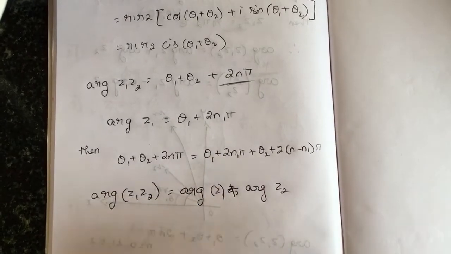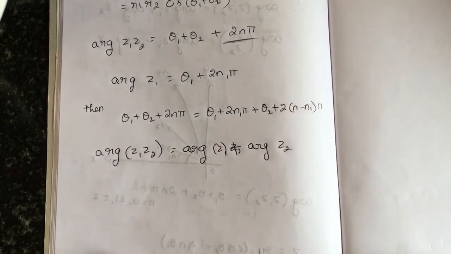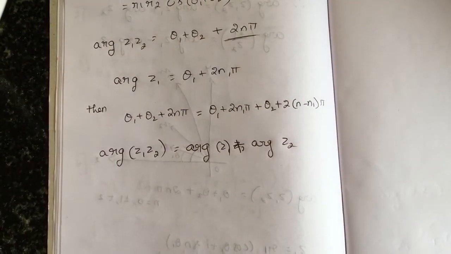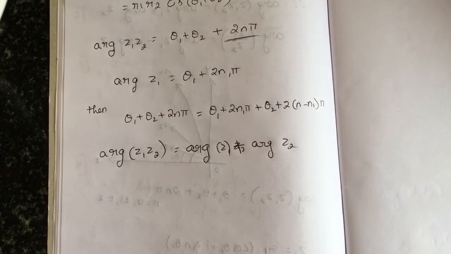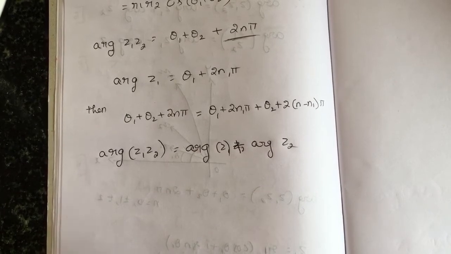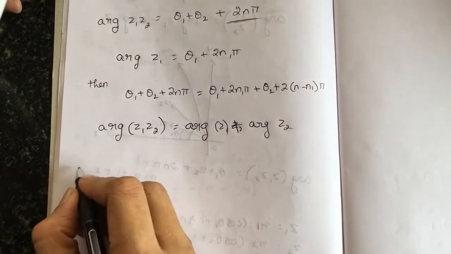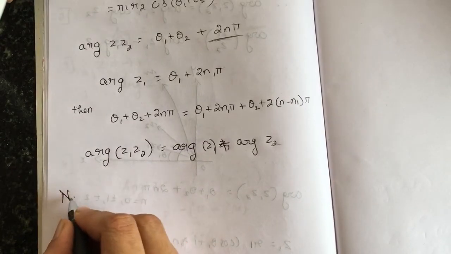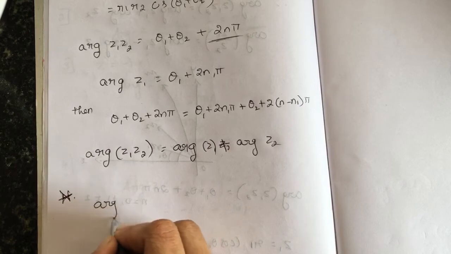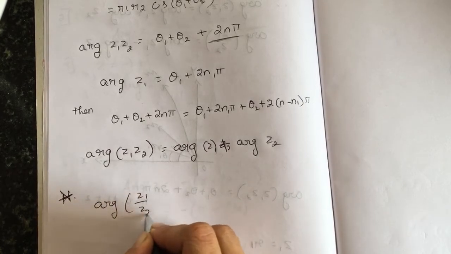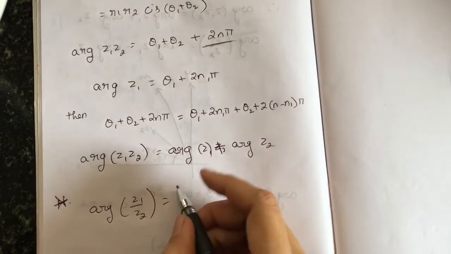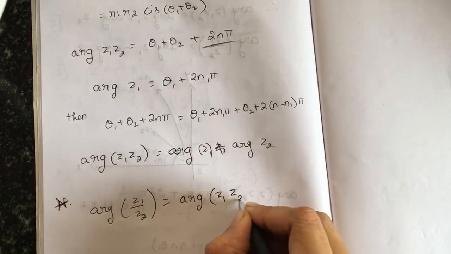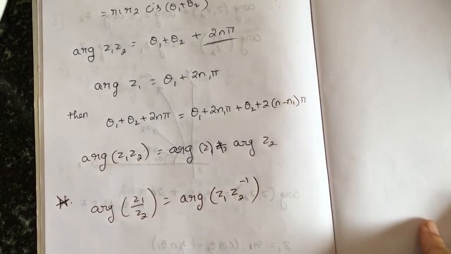Okay, now the thing is, what happens when I consider z1 by z2? That's argument of z1 by z2. Okay, this is same as writing argument of z1 into z2 inverse.